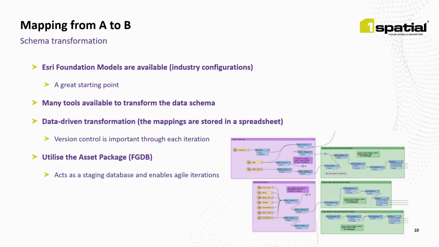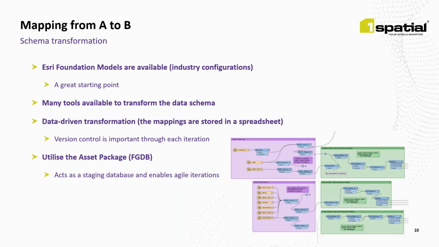And that may be determined by the familiarity of your organization and what you already license or what you're most comfortable using. And the likelihood is, depending on the tool, of course, that this will be a data-driven transformation. What that means is the mappings are very commonly stored in a spreadsheet.